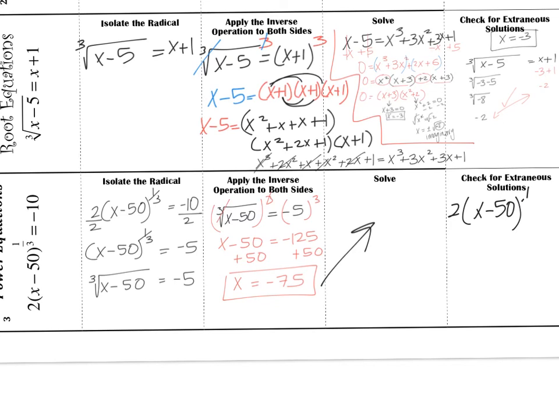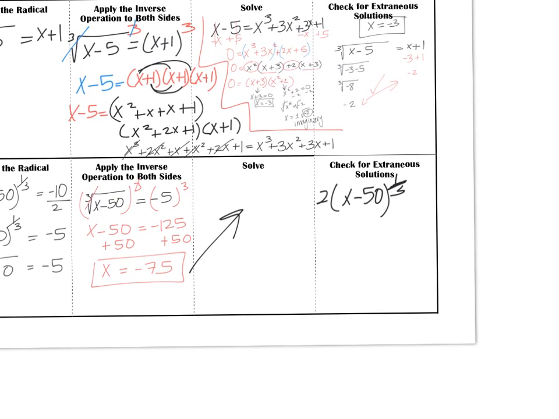And let's see if we plug in -75 for x if we're going to get -10 on the other side. So let's double check. Let's put -75 for x. So you end up having -75 minus 50, that's a -125.